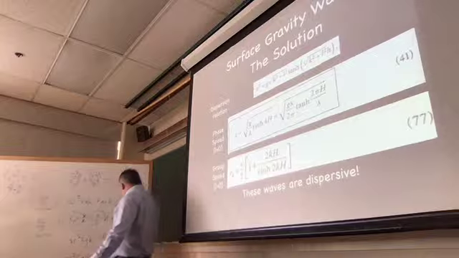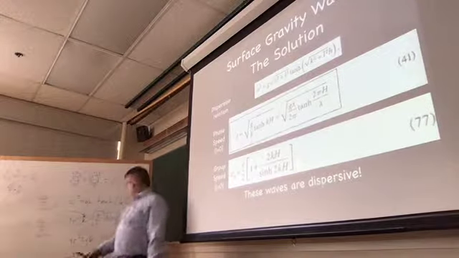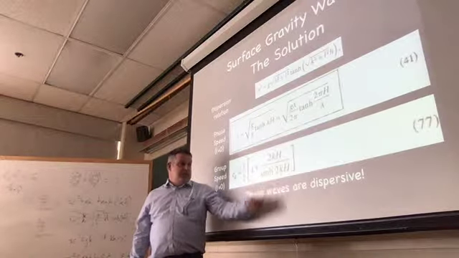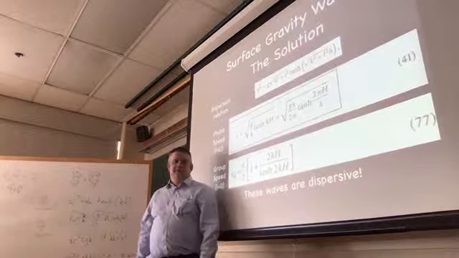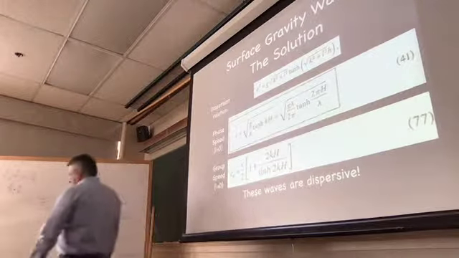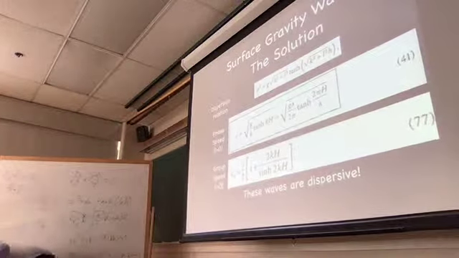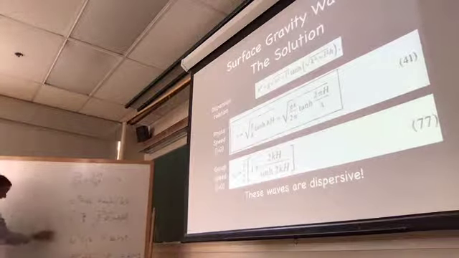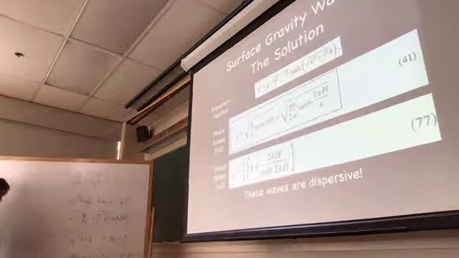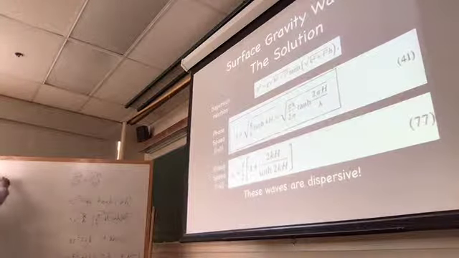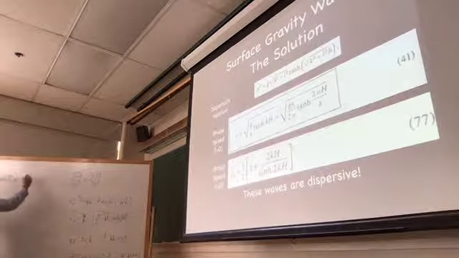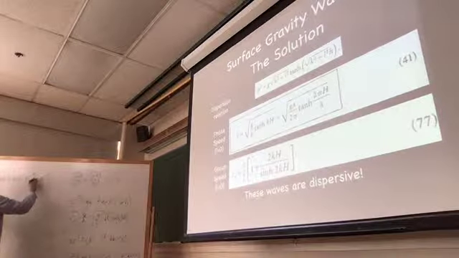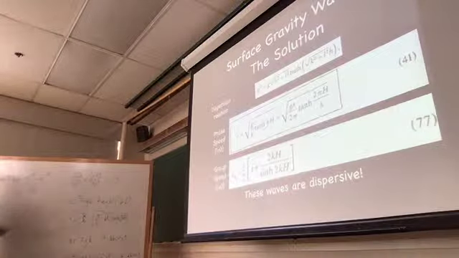What's the other limit? What if kh is much, much greater than 1? What does this go to? Does anybody remember what century it is? This is like, going back to trig in 10th grade. So the sinh of x is e to the x minus e to the minus x over 2.